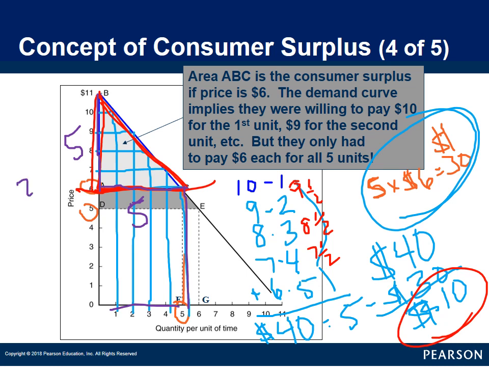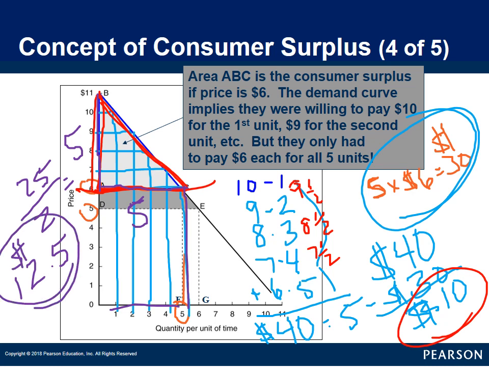So 5 times 5 is 25, and if we divide it by 2, we get 12.5. So the consumer surplus in this example is $12.50, which is close to that $10. But again, it's going to be a little bit more because we had some half numbers that we hadn't accounted for.